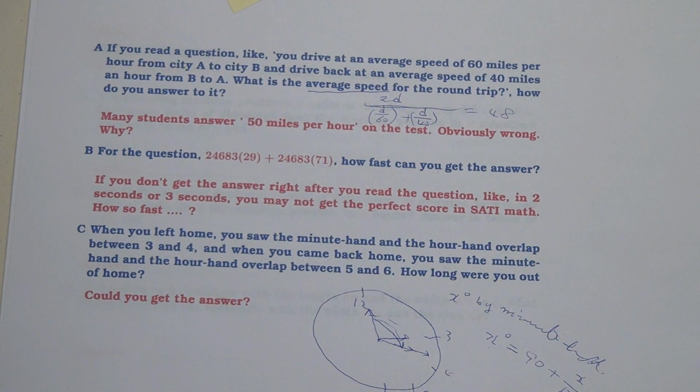Why? The minute hand is 12 times as fast as the hour hand, which means the hour hand moves only 1 over 12. By solving this one, you can get the degree.